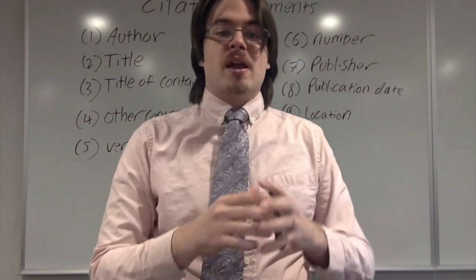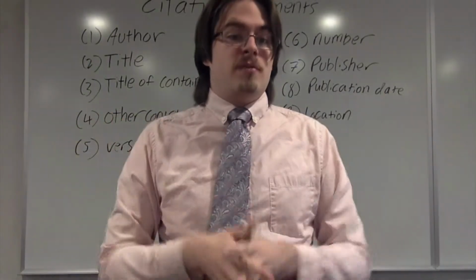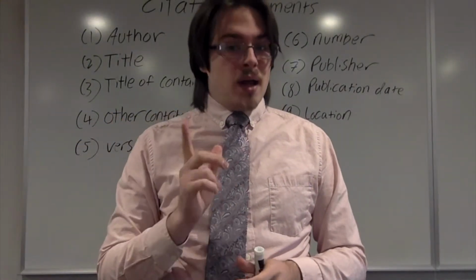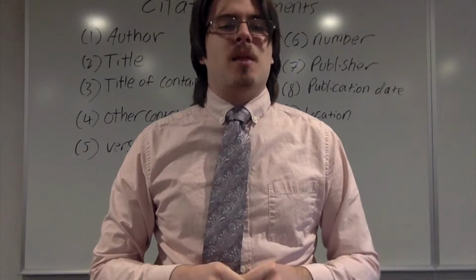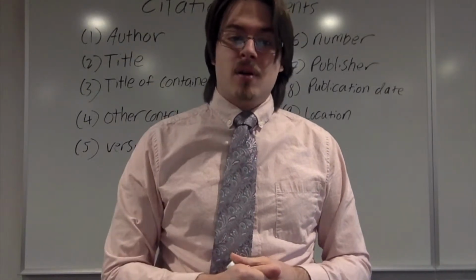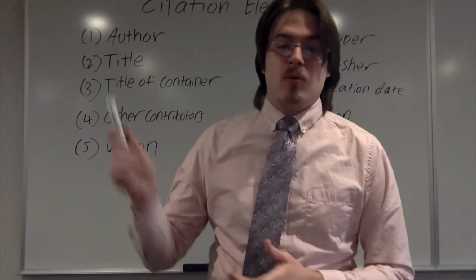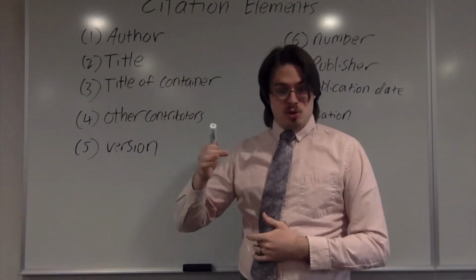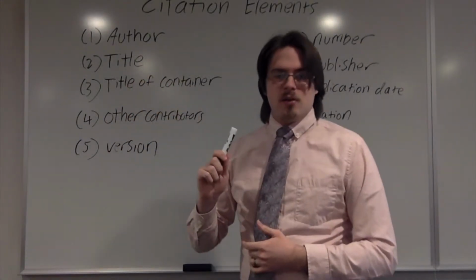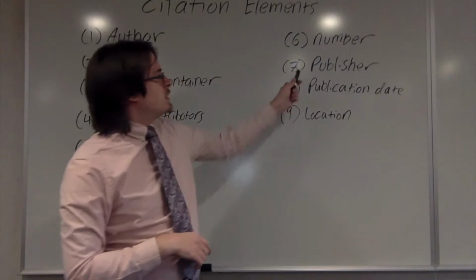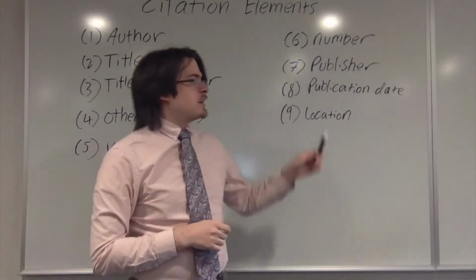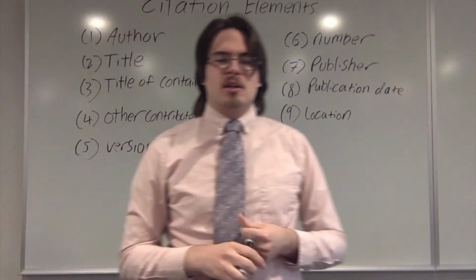Note your source may rarely have all of these elements, but you must be sure to cite every element that your source does have. Most sources will at least have number 1, the author, 2, the title, number 7, the publisher, and number 8, the publication date.